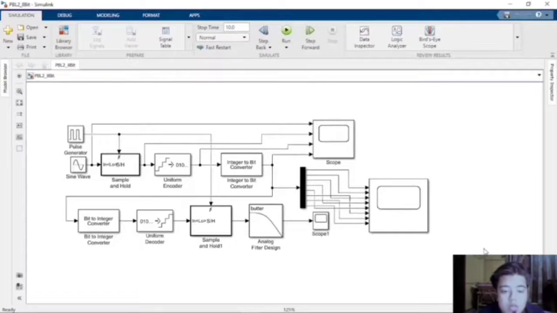Next, this is the simulating circuit for 8-bit encoded PCM data. As in scenario 1, the sampling frequency fs in scenario 2 was 200 Hz, and this also met the criteria set by the project, which is to use 2 fm for the sampling frequency.